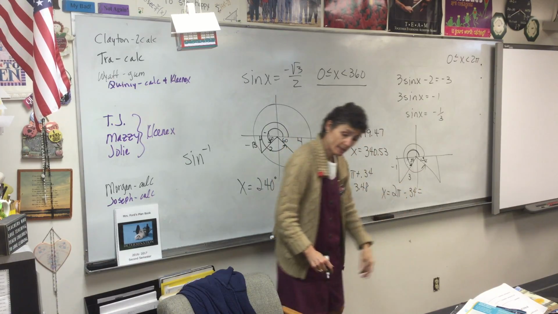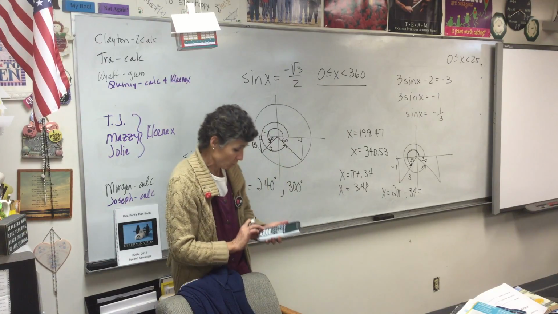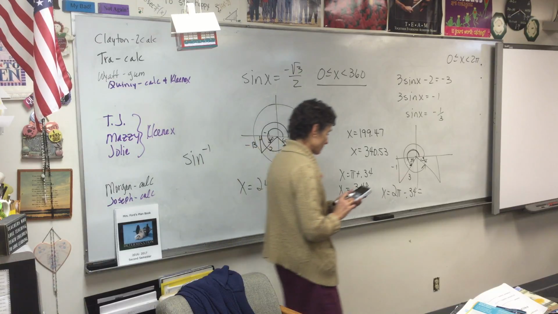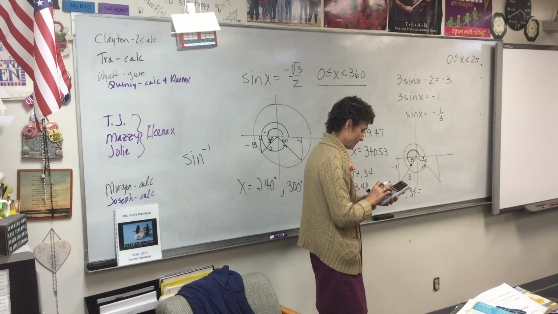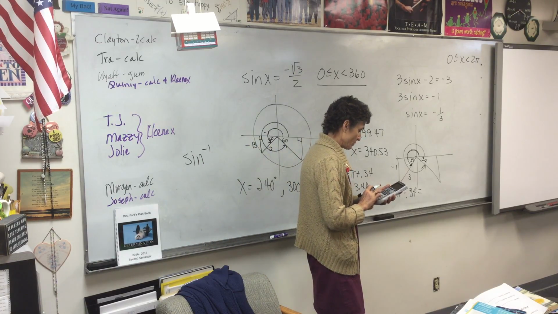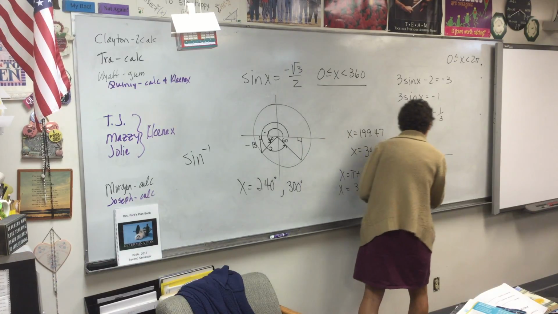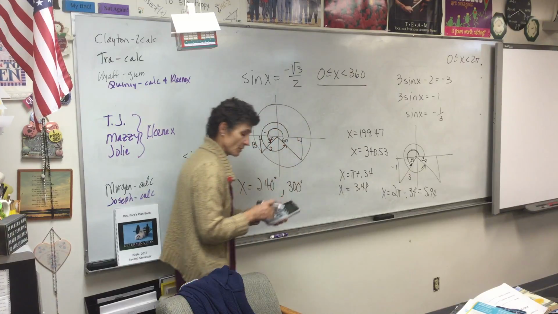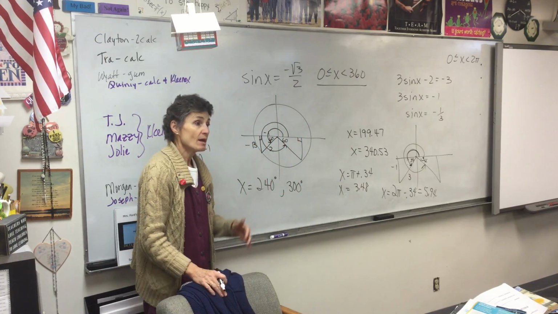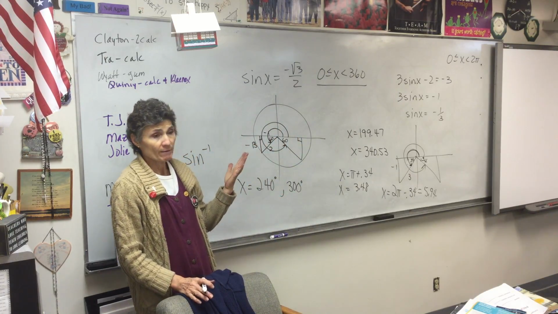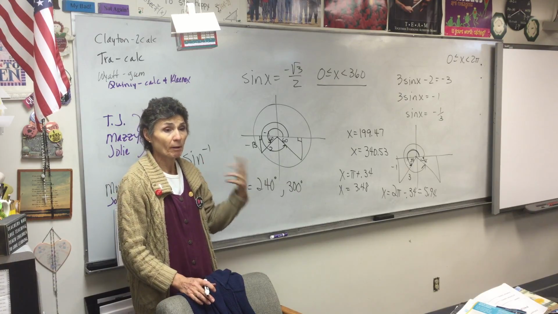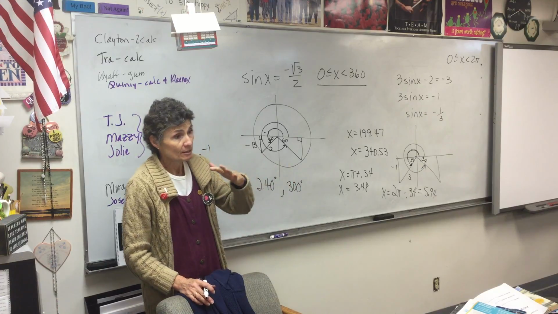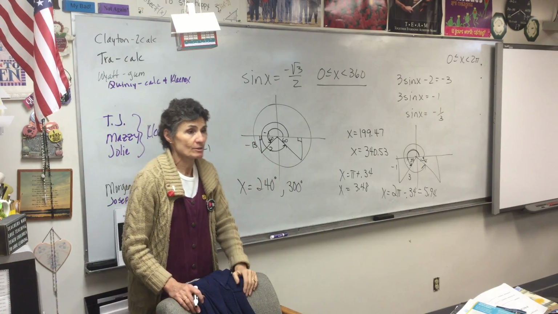So it's 2 pi minus 0.34, which would be 5.94. So in radians, those would be the two answers. And that's done exactly the same way if you're in degrees. You're just not using pi, or you're not using 180 and 360. You're using pi and 2 pi, and you have your calculator set in radians.